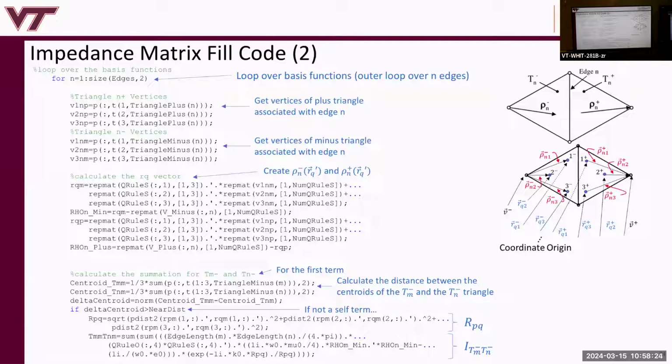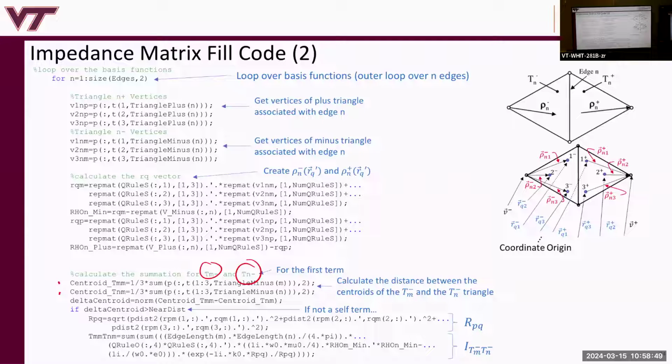First you need to calculate the distance between the two triangles because you have to have a switch between far terms or self terms in the impedance matrix. So we have to check if we're going to calculate a self term or a far term. So we calculate the centroid of the two triangles. The two triangles we're going to consider first are the minus and minus.